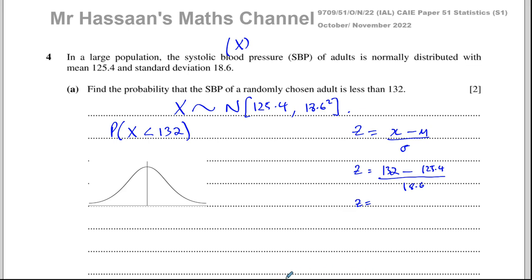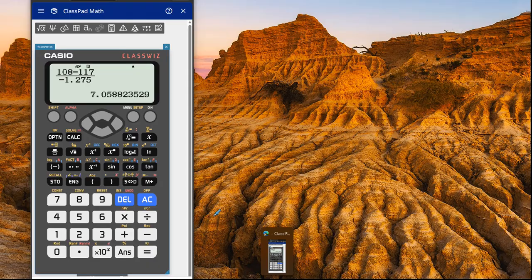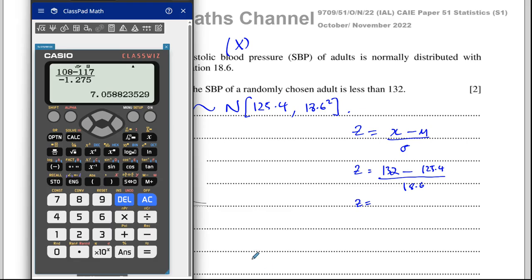So we can take the calculator and standardize the score. We have 132 minus 125.4 divided by 18.6. We put the standard deviation, not the variance, we don't square it. That gives us 11 over 31, which is 0.35483.